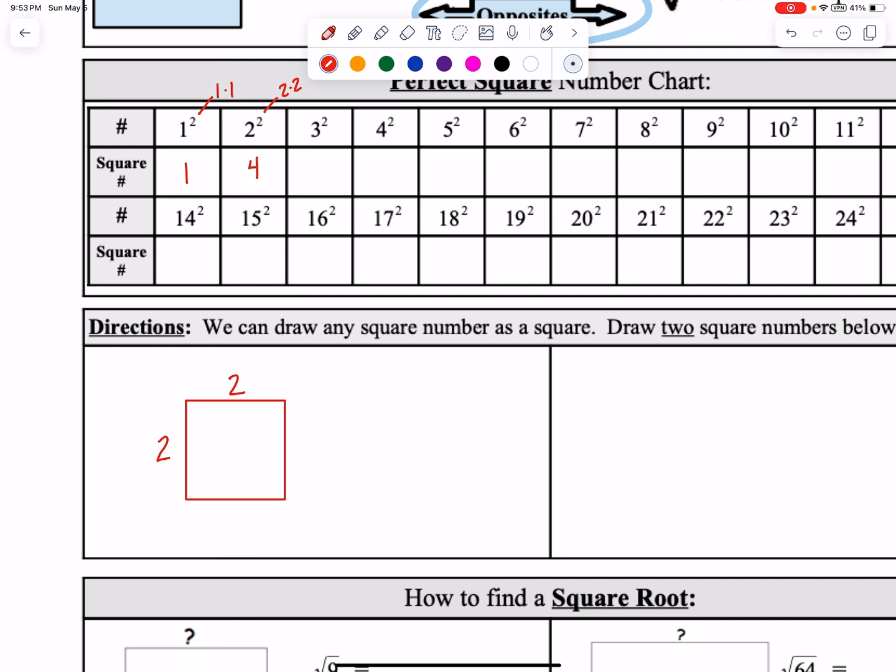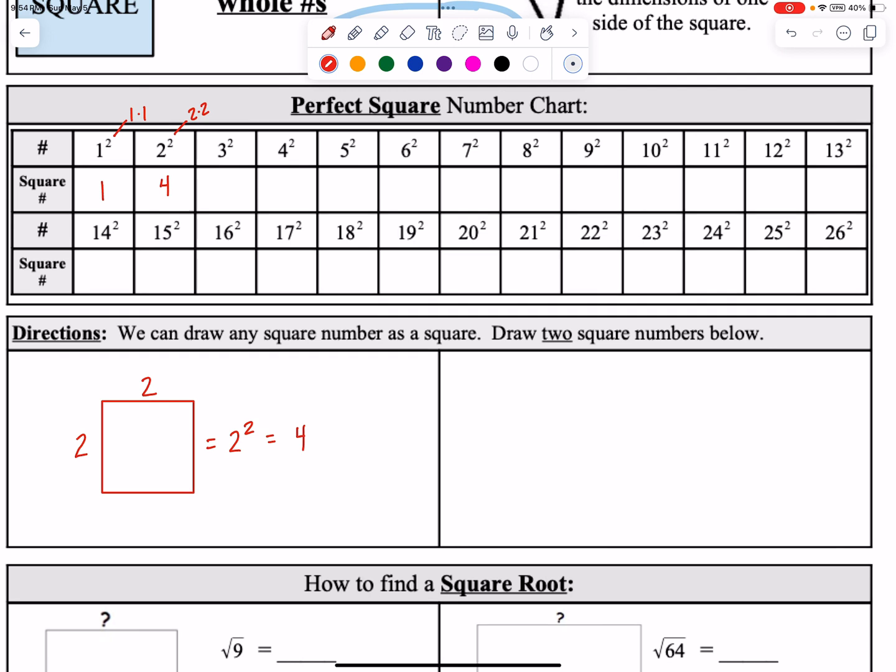It's a length, a width, and a depth, or a length, depth, and a height, if you want to think about it that way. So here's this, and this is 2 squared, or it equals an area we could think of as 4. So that's what that looks like.